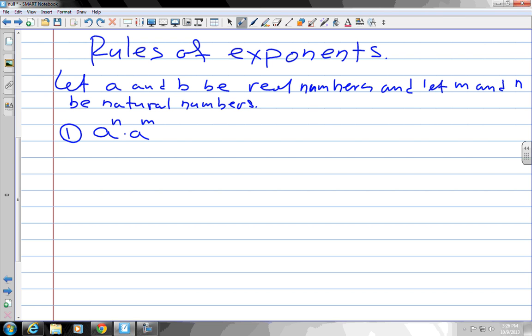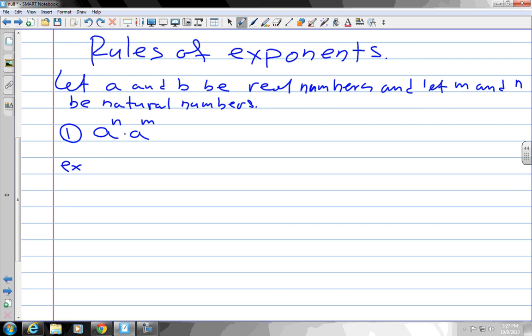Okay? So yes, you just said add exponents, so good, but why? I'm sorry, I didn't hear you. Well, that's not the reason. So why do you think we're going to be adding them?